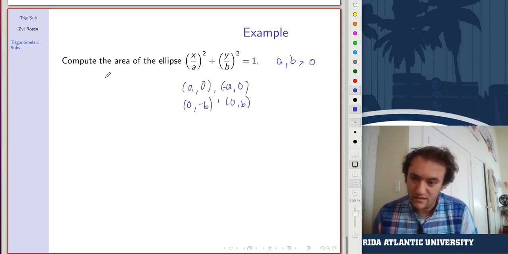So it looks something like this, where this is a and this is b.